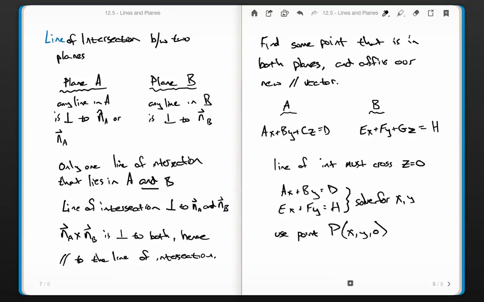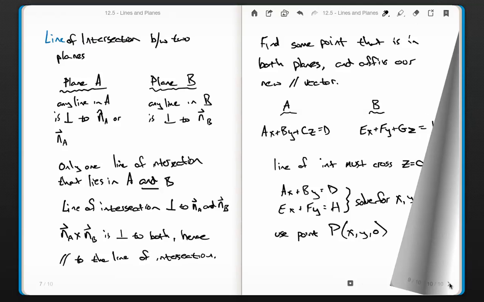So now I have a point P to which I can attach this vector, NA cross NB. Using a point and a vector, now it's old news, right? We go way back to that submarine problem and parameterize a line in 3D space. Okay, so that's the line of intersection between two planes.